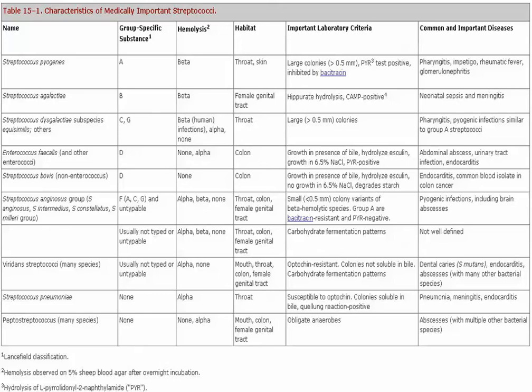According to all these tests I've just talked about, Streptococcus is divided into three groups. Group A, which is Streptococcus pyogenes. Just remember, pyo means pus.